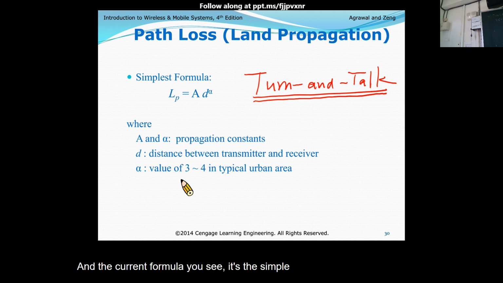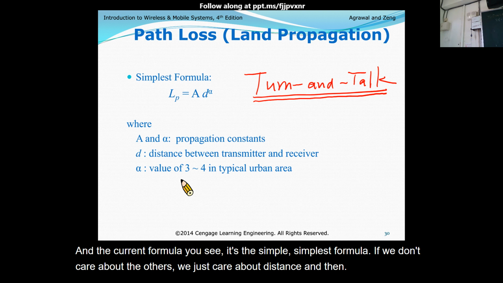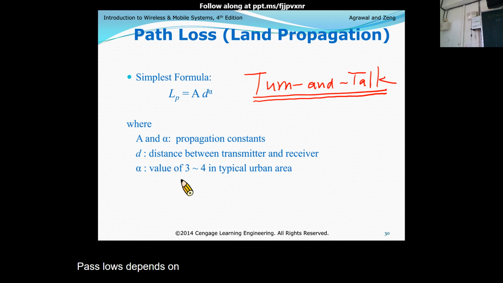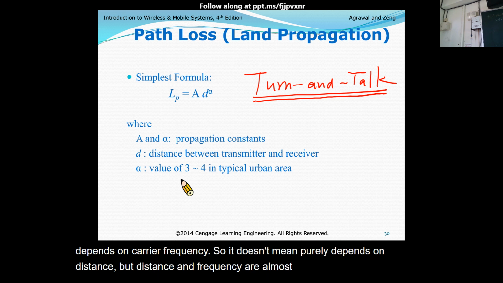If we don't care about the others, we just care about distance, and then path loss depends on distance. But previously, we have the formula depending on carrier frequency. So it doesn't mean purely depends on distance. But distance and the frequency are almost the same. They are proportional.